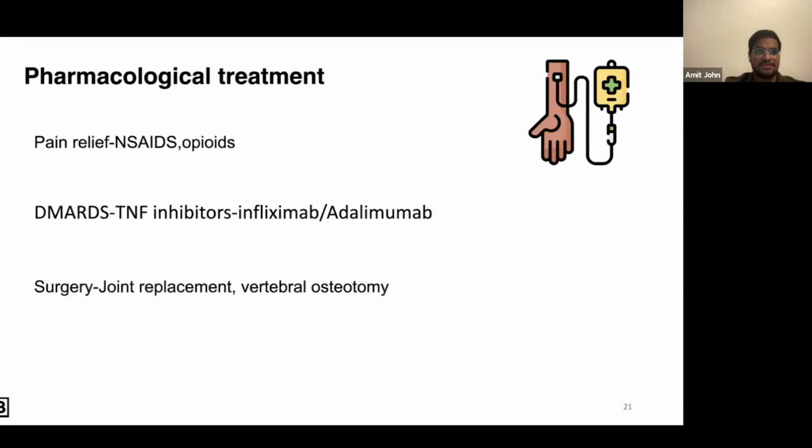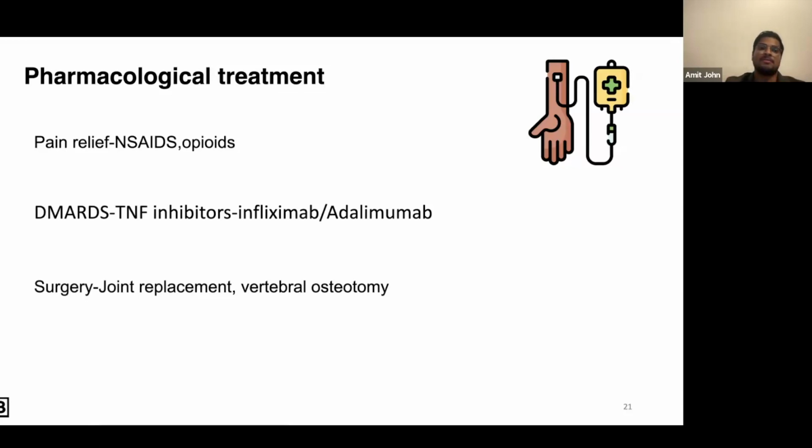So the pharmacological treatment, unfortunately, there isn't something drastic, but just NSAIDs, ibuprofen, naproxen, and if it does get very, very severe, then opioids. In that case, you will have to refer on, and hopefully they'll get a DMARD or the surgery organized.